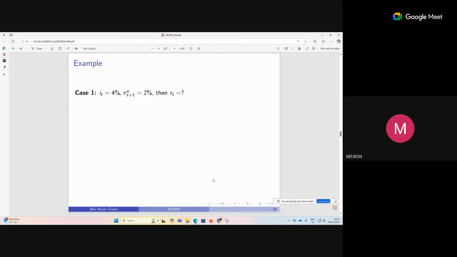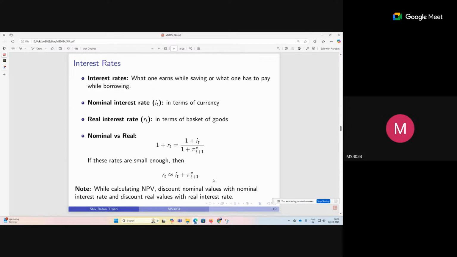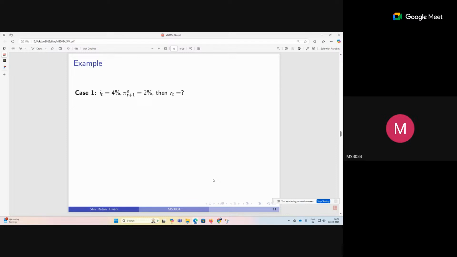Now let's look at this approximation with an example. When can we use the approximation and when should we not? In the first example the values are very small: the nominal interest rate is 4% and expected inflation is 2%. What is the real interest rate?